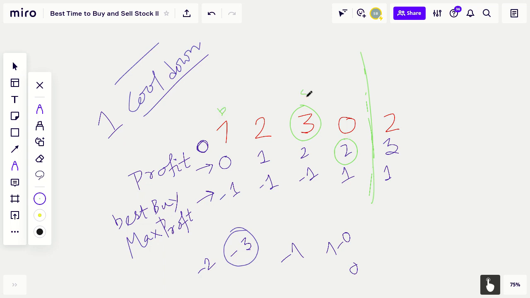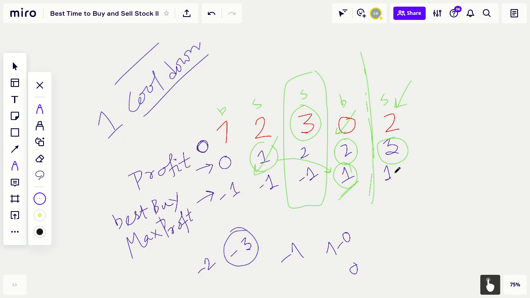But as soon as you reach over here, you can see that you have dropped this sell price, and you have decided to sell over here, then buy over here and sell over here. That is why you are getting this profit 3. Because this one comes from this guy over here, right? You subtract 0, this guy, from this guy, and you get 1 here, right? That is how it is.